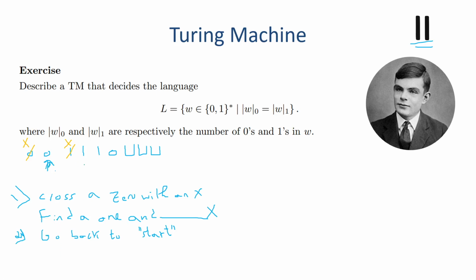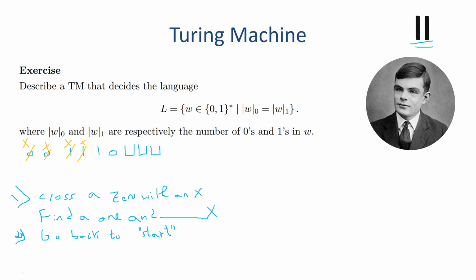I know technically I could go to this 0, cross it, then find a 1, but then it becomes a bit messy. You're crossing all over the place. Always go back to the beginning, or the first element, go there and then cross. So this 0 becomes an X, find a 1, X. So essentially what we did, we went back to the start, then we did step 1 again.